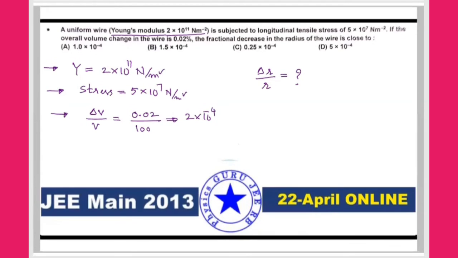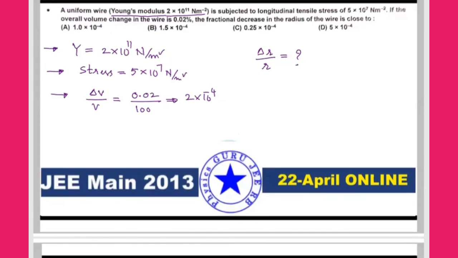First, from Young's modulus, I'll take the equation for Young's modulus. Young's modulus is equal to stress divided by strain. Strain is nothing but delta L by L. So the wire is there, and we are applying some force on it.